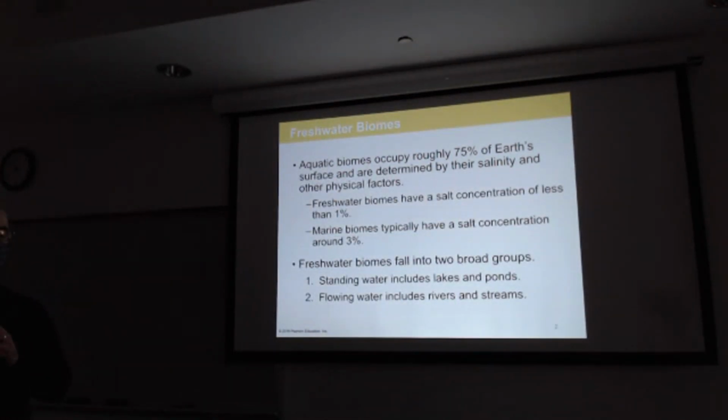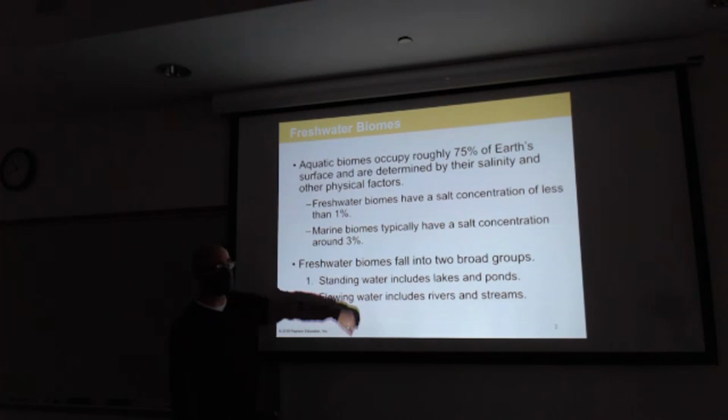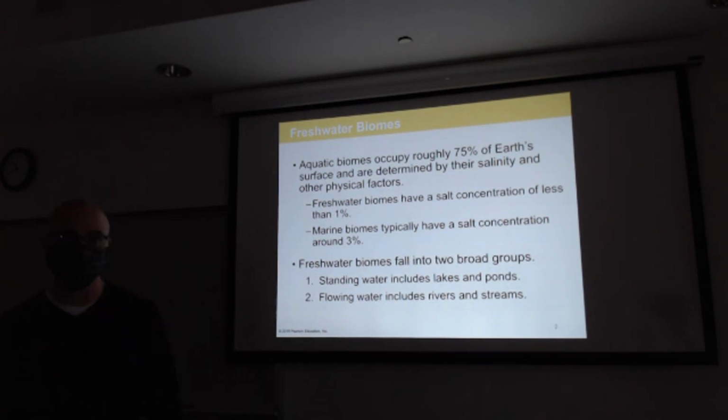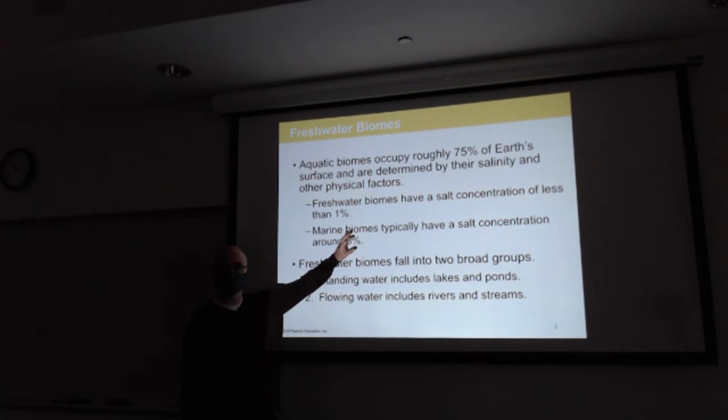That can be split into fresh water, which is less than 1% salt. There is some salt in fresh water, of course, and then marine type ecosystems, which is around 3%. So it's not that it's 99% salt in salt water.